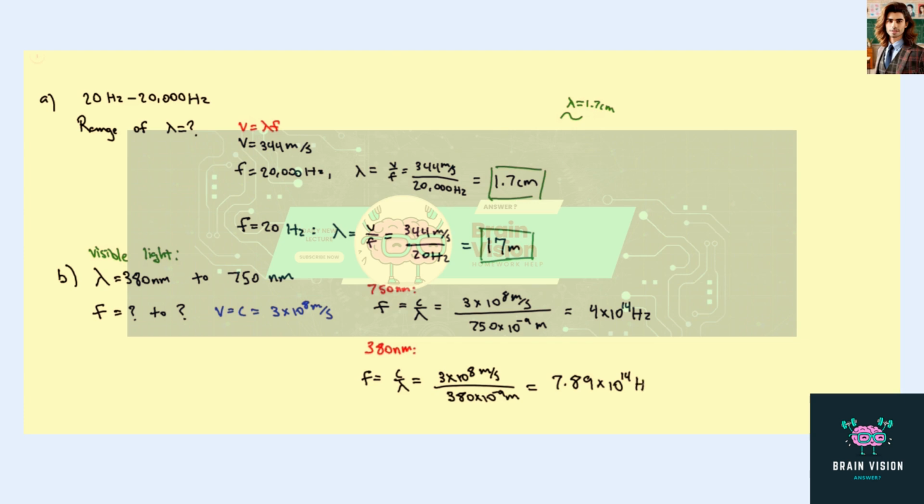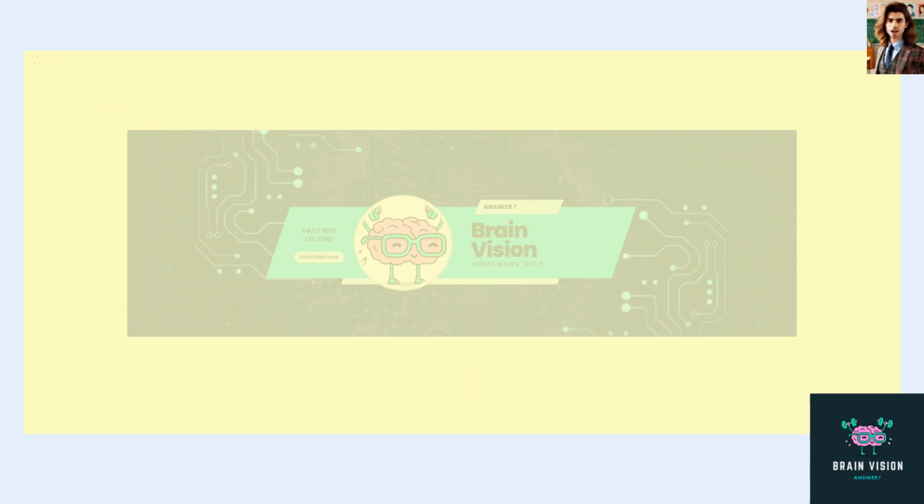So I hope you see here that as wavelength goes down, frequency goes up, and vice versa, as long as we're at a constant speed, which we are because we are dealing with just light here. It's the same speed, provided that we're not changing media.